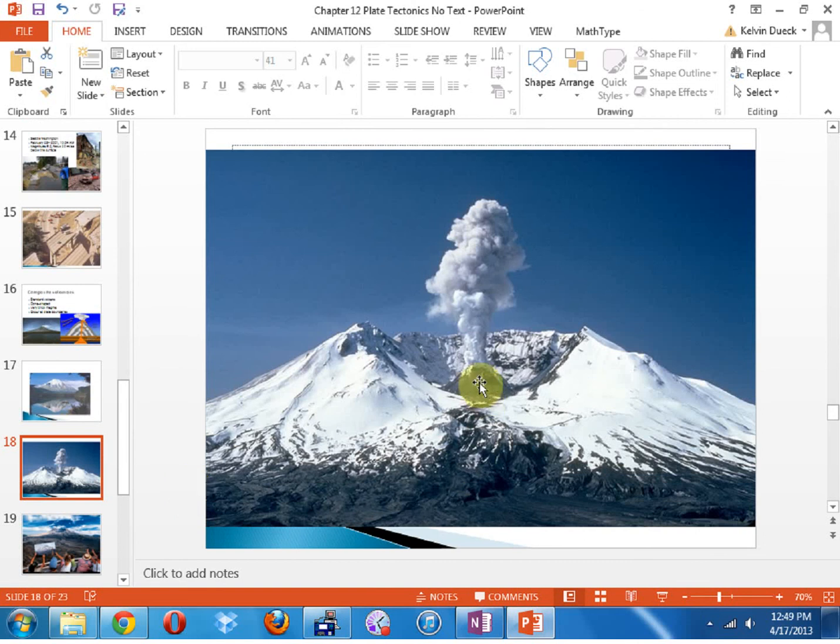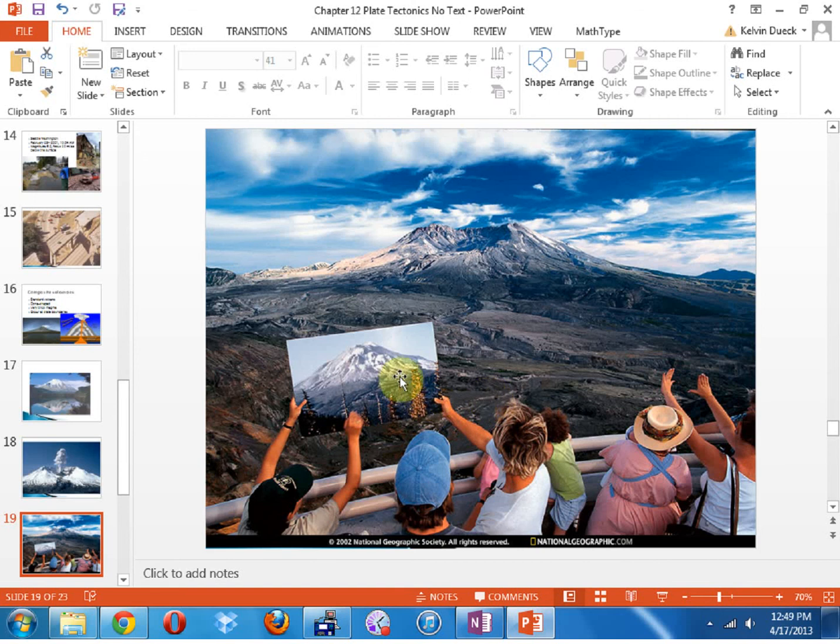Oh, and you can see another small composite volcano is beginning inside. In fact, this is a cool picture right here. You can see the kids are holding the before and the after. That's what it looked like. I think this is Mount St. Helens. Before, that's what it looked like after.